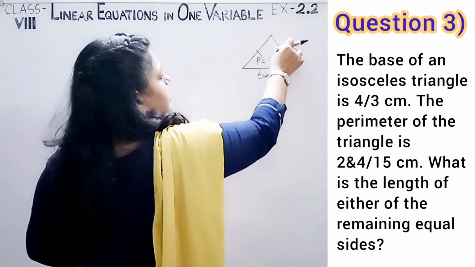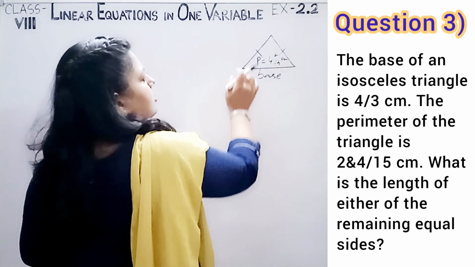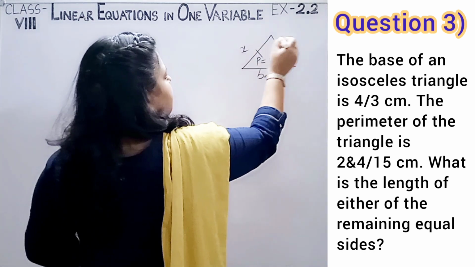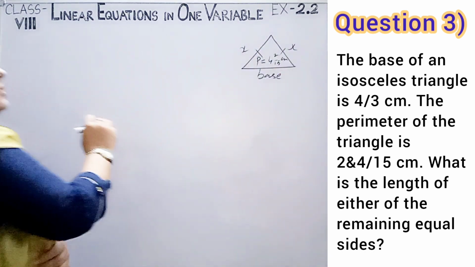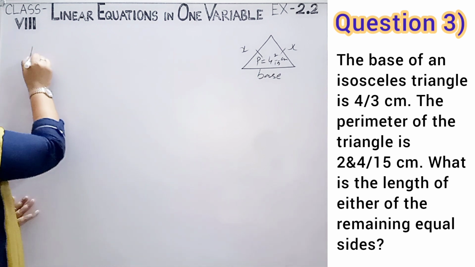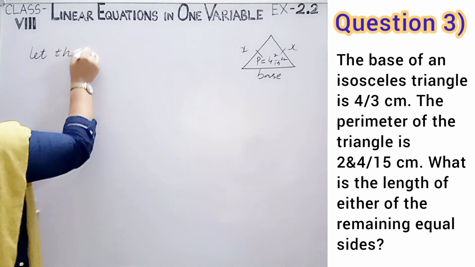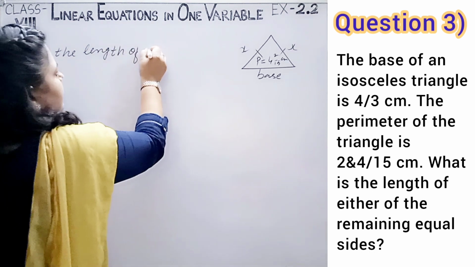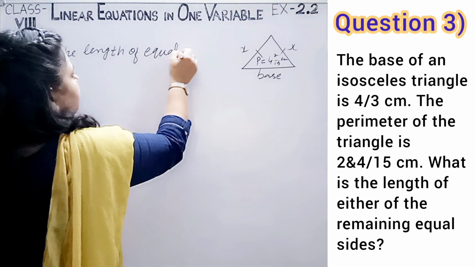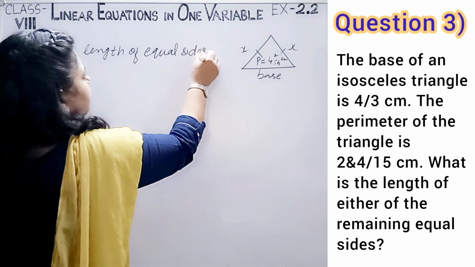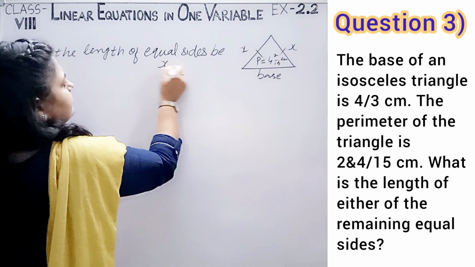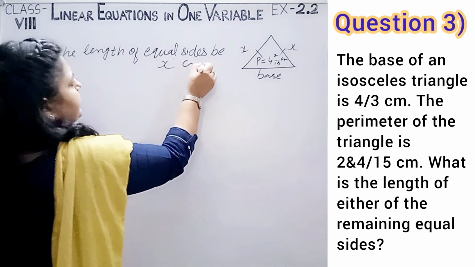Now these sides are equal and we have to find out the length of these two sides. So we can take this as x. So now come to the question. Let the length of the equal sides be x centimeter.